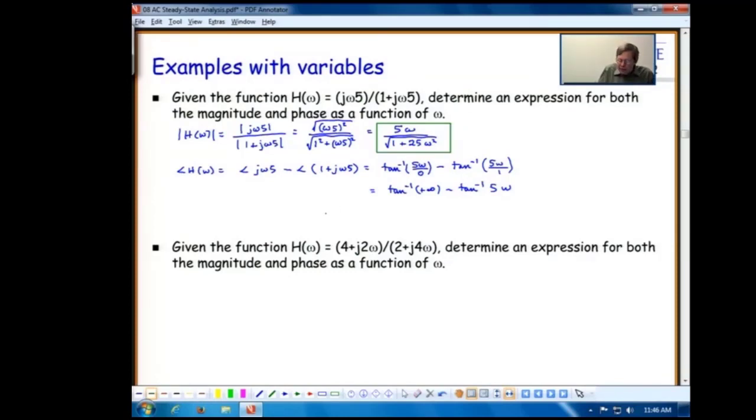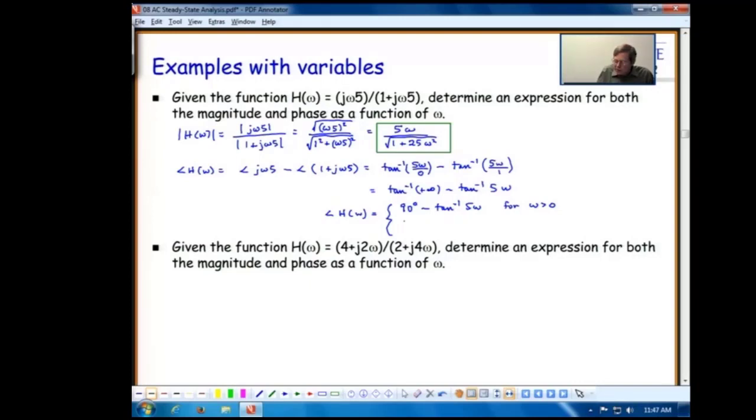So the phase here, or angle H of omega, will turn out to be, since inverse tangent of infinity is 90 degrees if omega is greater than 0, 90 degrees minus inverse tangent of 5 omega for omega greater than 0.